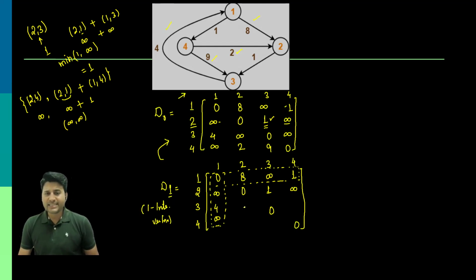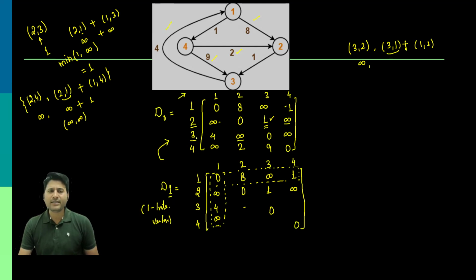Now we are on this entry, which is 3 to 2. We are supposed to insert the vertex number 1 between 3 to 2. So 3 comma 1 plus 1 comma 2. What is 3 to 2 in the D0? 3 to 2 is given as infinite.